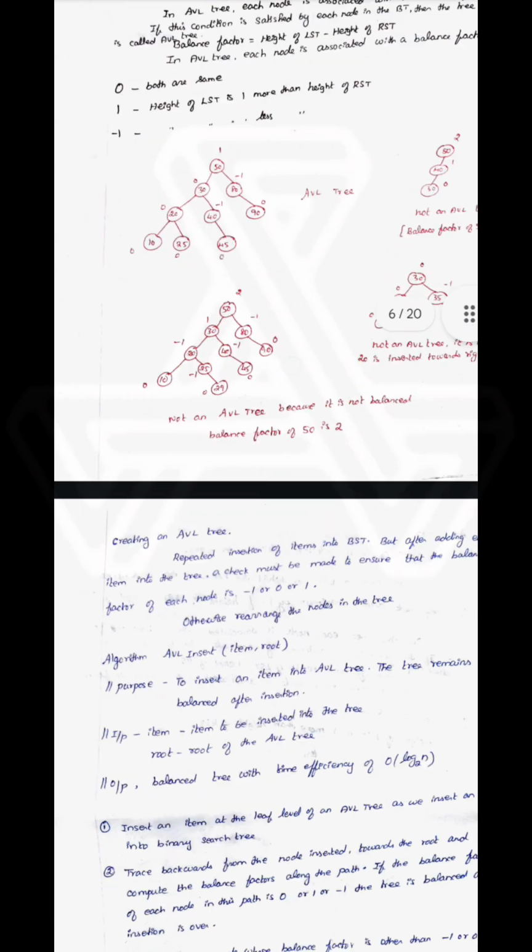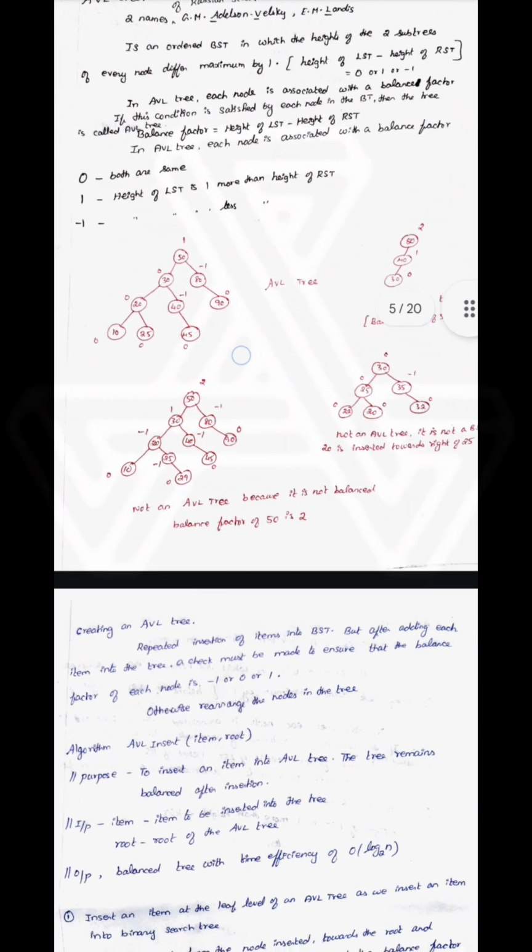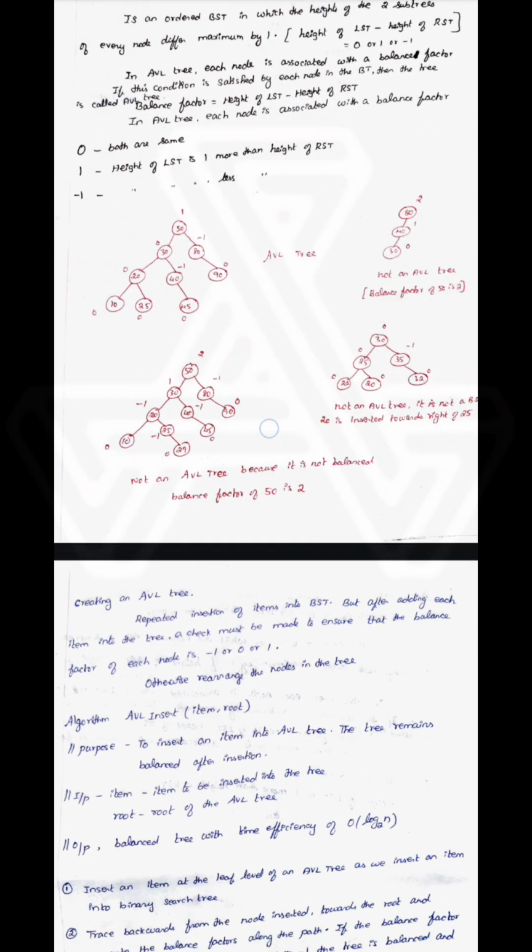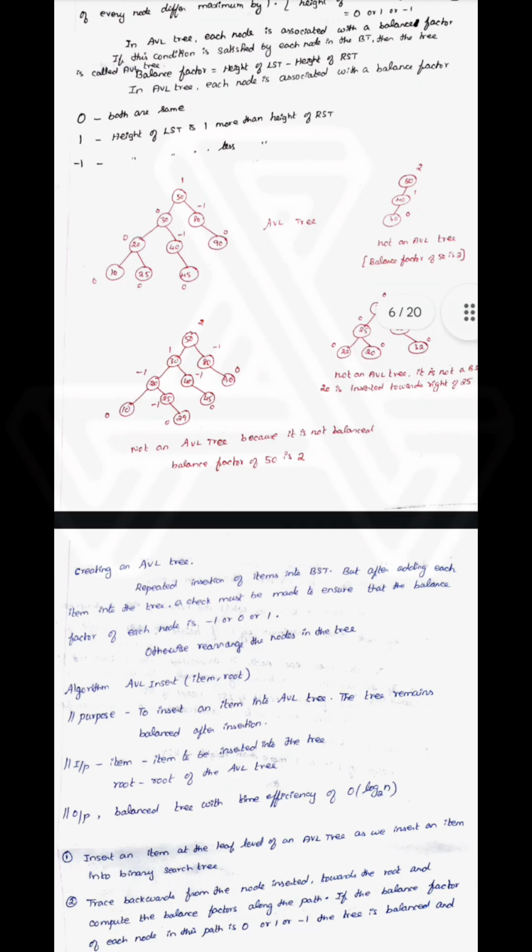In an AVL tree, each node is associated with a balance factor. If this condition is satisfied by each node in the BST, then the tree is called an AVL tree. Balance factor is height of the LST minus height of the RST. 0 means both are the same.